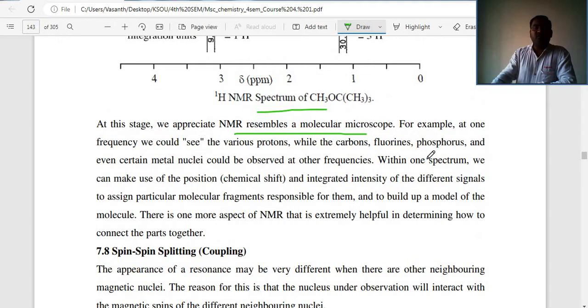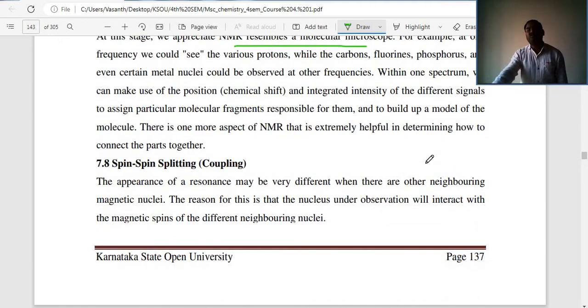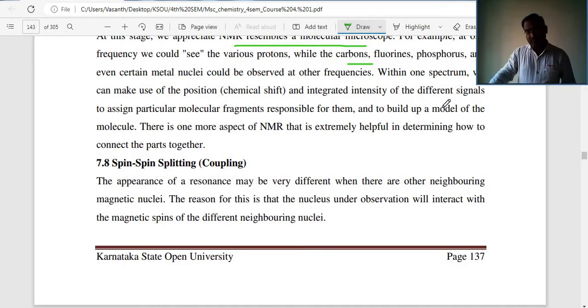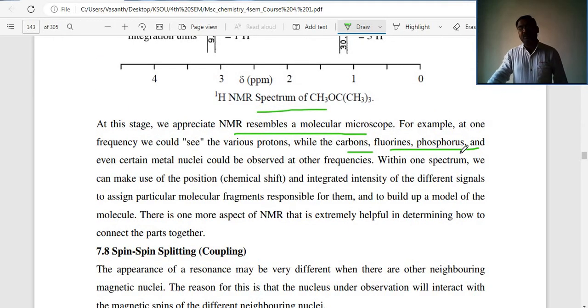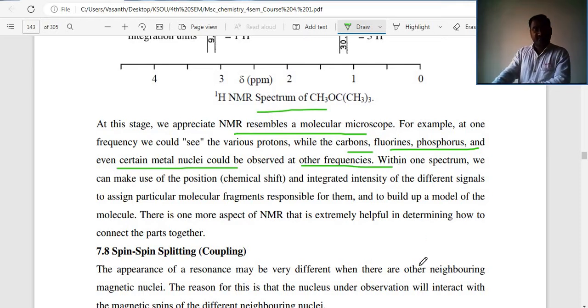For example, at one frequency we could see the various protons, while carbon, fluorine, phosphorus and even certain metal nuclei could be observed at other frequencies.